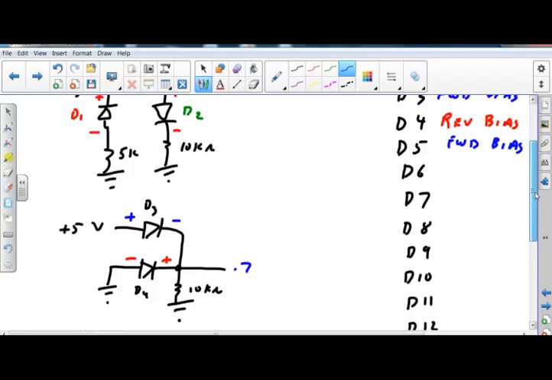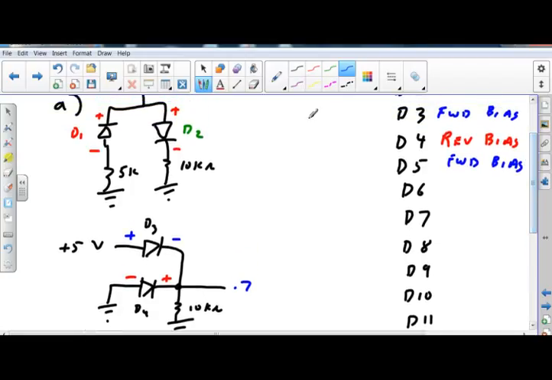Okay, now we're looking at the D guy. I've got 5 volts. Got a D6. And I got a D7. And come down this way. Got some voltage out that way.